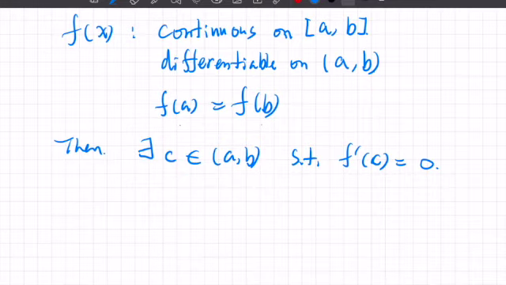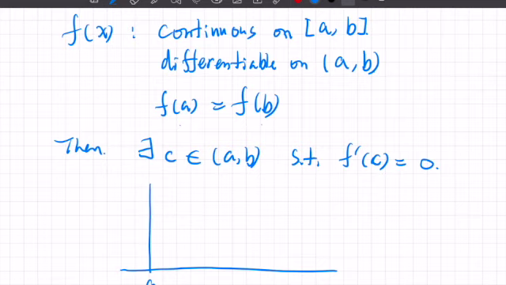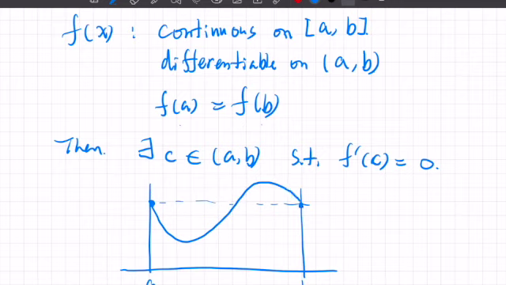Okay, so if you visualize this situation, let's say this is a and this is b. So the values of this function at the endpoints are the same. So it may be something like this.